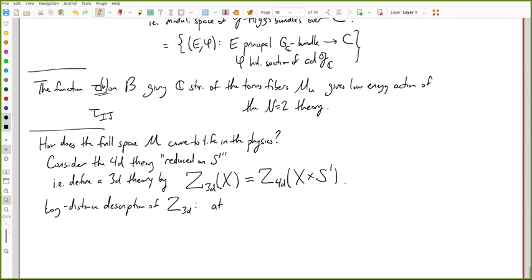The reason is essentially that U1 gauge fields in 3 dimensions are dual to a description just in terms of scalars. It's the analog of, in 4 dimensions, the electric-magnetic duality that said that a description in terms of gauge fields is dual to another description in terms of gauge fields.